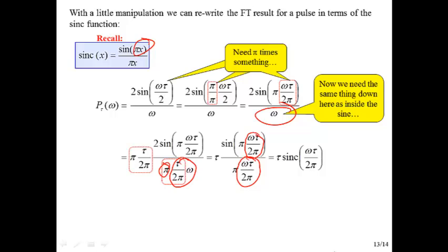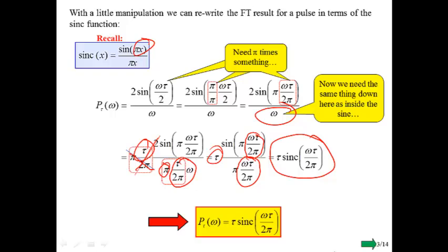But I've done something else. I've canceled that 2, canceled that pi out in front, so I'm just left with the tau. So we can now write this as tau times sinc of omega tau over 2 pi. So there's our final result.